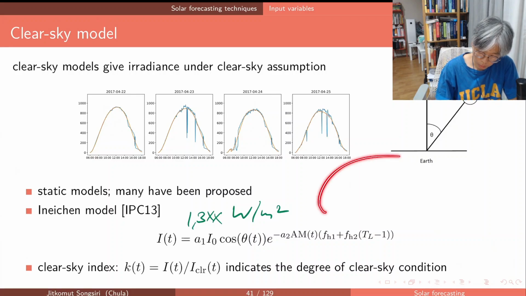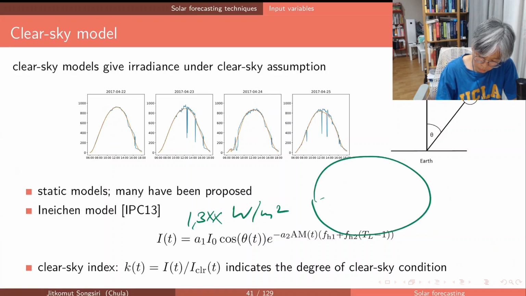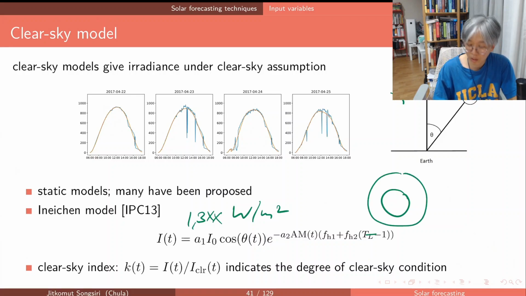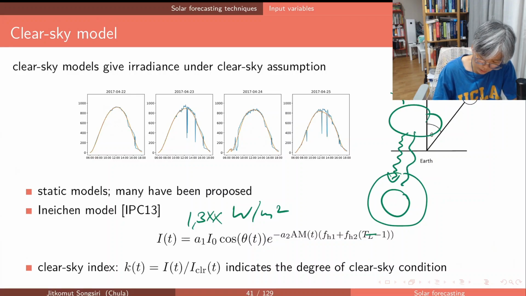Suppose we are on the earth. In the atmosphere we have a lot of particles, right? So when the sun radiates the ray to our earth, it goes through a lot of particles, and those particles will absorb the radiation.